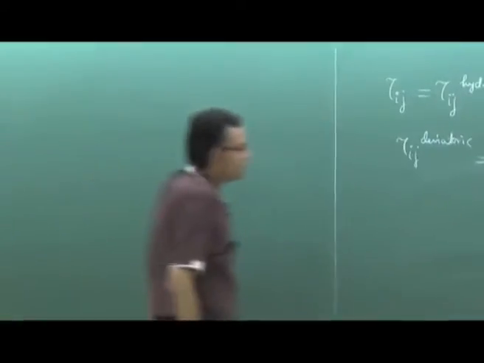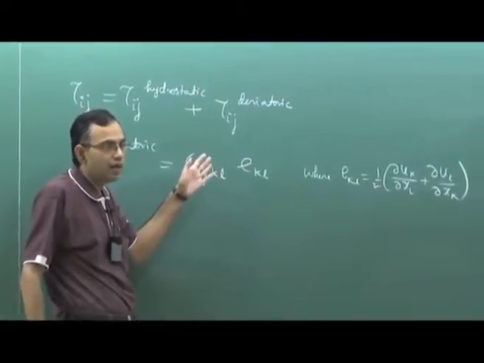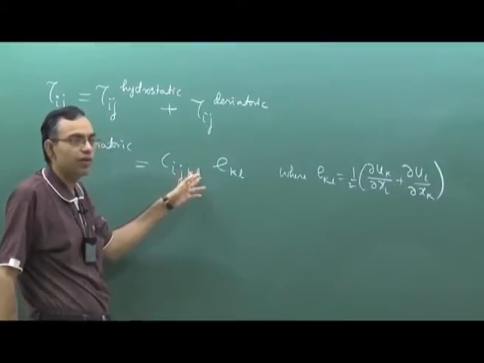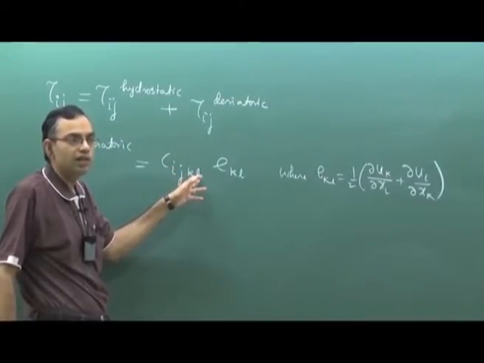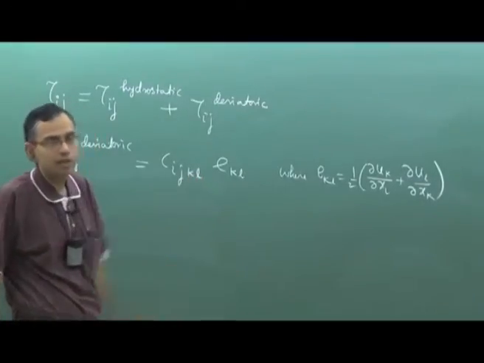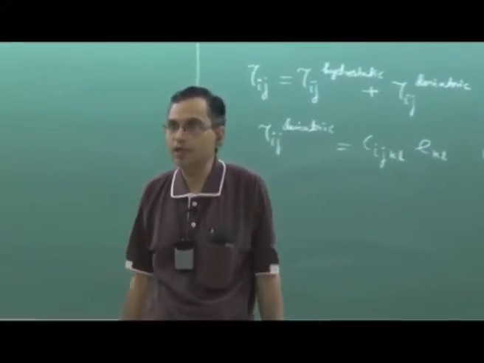Now, as we discussed, if we want to describe the behavior of a fluid in this way, it will require 3 into 3 into 3 into 3, total 81 constants to specify the property of the fluid. But in general, we do not require that many properties.